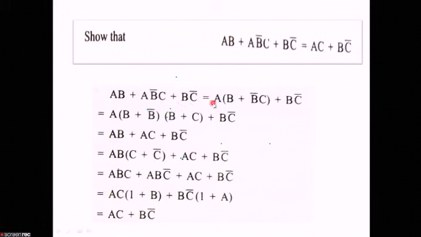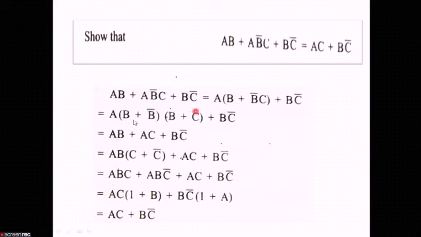From here we are taking A as the common term, and we can find the factors. So we are writing A(B + B̄C) + BC̄. From here we can use the laws of Boolean algebra and simplify.